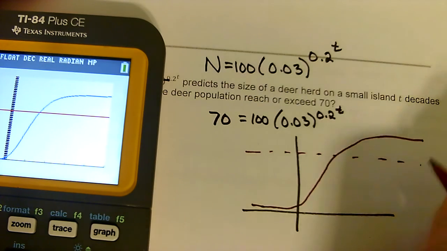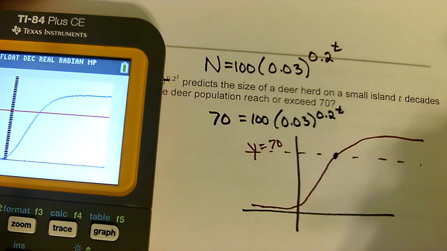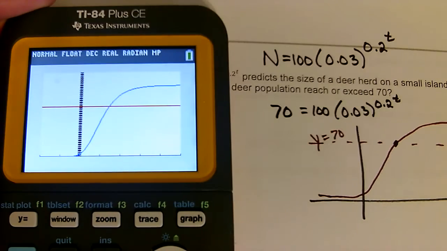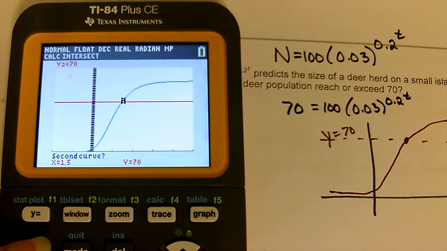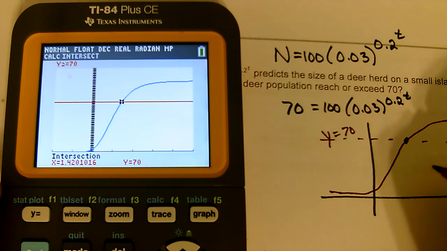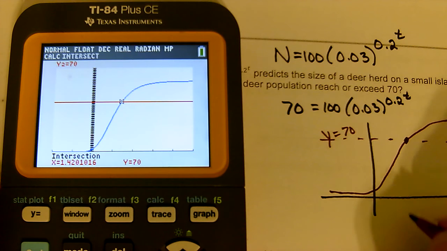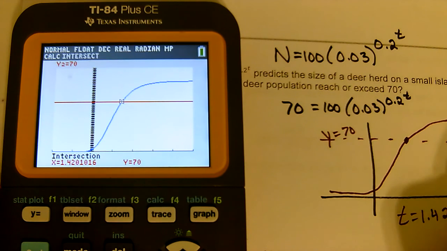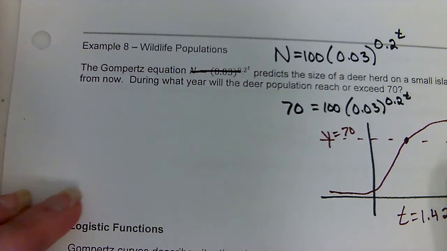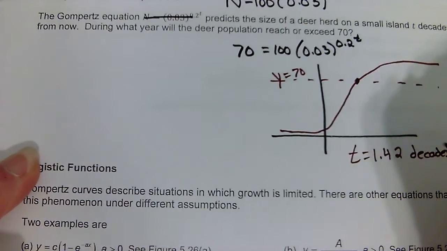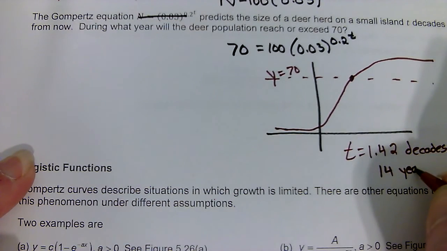And what I did was I drew in the line y equals 70. And the reason I did that is because at this point right here, that would be the place where this graph equals 70. So I could go to second calc, intersect, enter, enter, enter, and it's going to give me the exact intersection. And that's at t equals 1.42. And this was measured in decades. So if that's in decades, that means approximately 14 years.